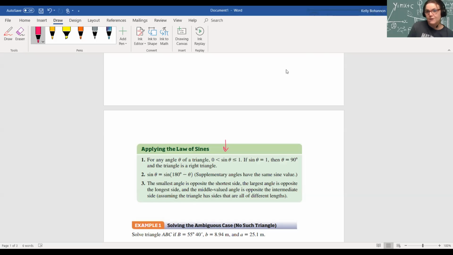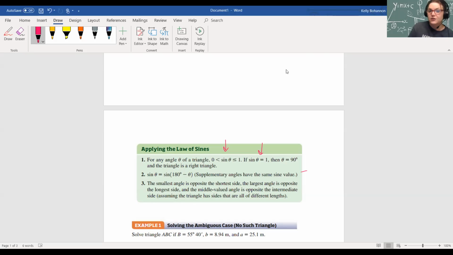You're dealing with ambiguous case and none of the triangles actually work. Remember that if sine theta equals 1, then we're dealing with a 90-degree angle and your triangle is a right triangle. Another thing to remember is that sine theta is equal to sine of 180 minus theta, which means that supplementary angles have the exact same sine value.